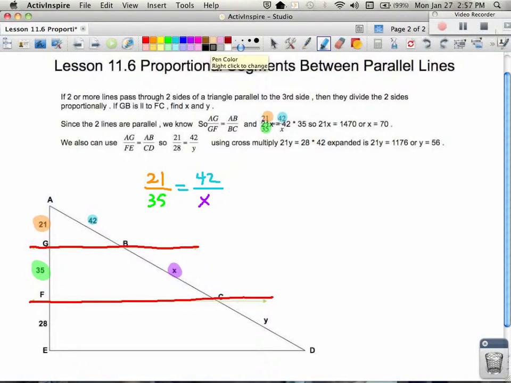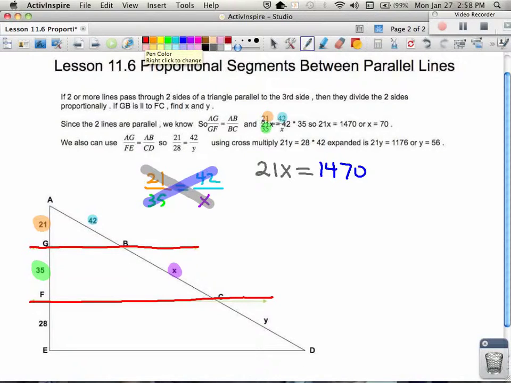I'm going to multiply my 21 times x, and I'm also going to multiply my 35 times 42. That gives me 21x should be the same thing as 1,470, which is what I get when I multiply 35 and 42. And of course you would divide both sides by 21, and then you find out that x has to be 70.